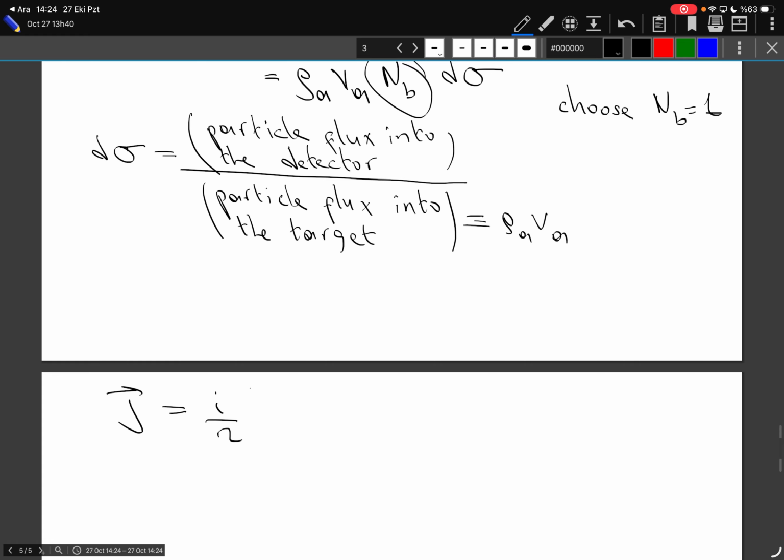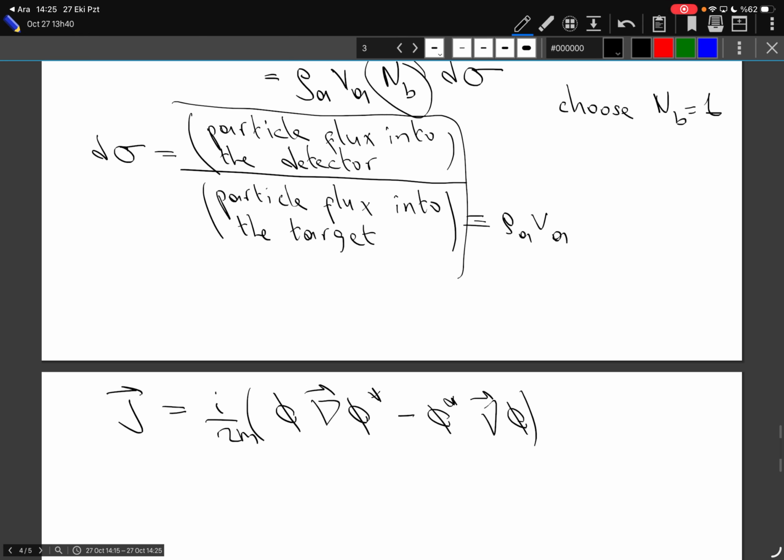It was i over 2, phi gradient of phi star minus phi star gradient of phi. I think it was something like this. I might be missing some coefficient. If I know the wave function, from a quantum mechanical perspective, I can calculate the incident flux. I can calculate the outgoing flux in a given direction. Just take their ratio, and that will give me the cross section.